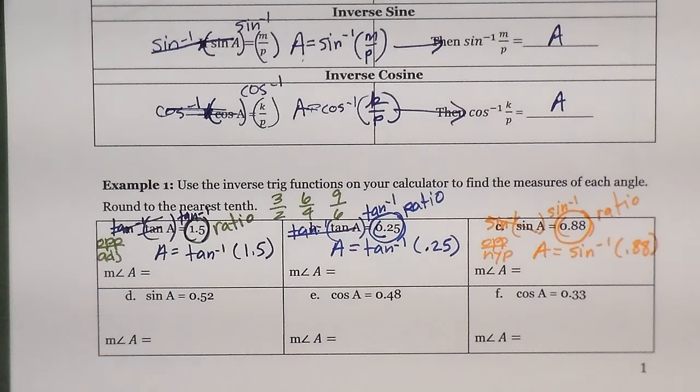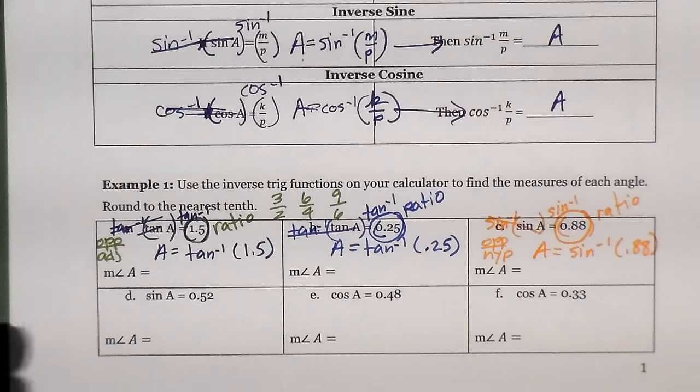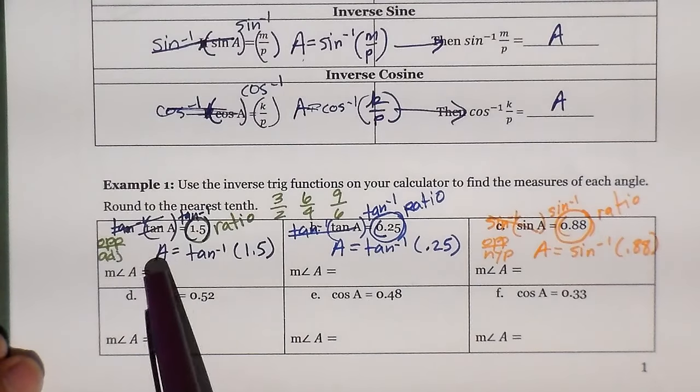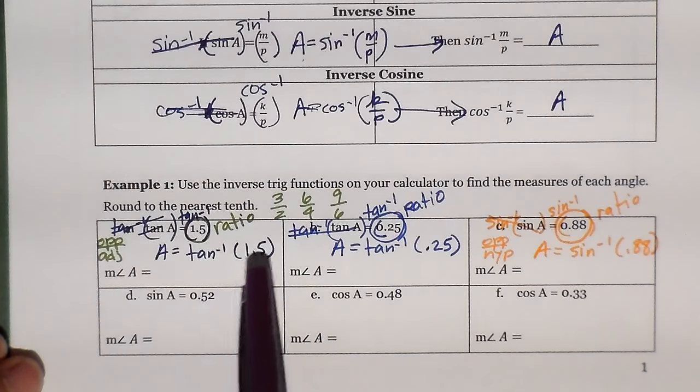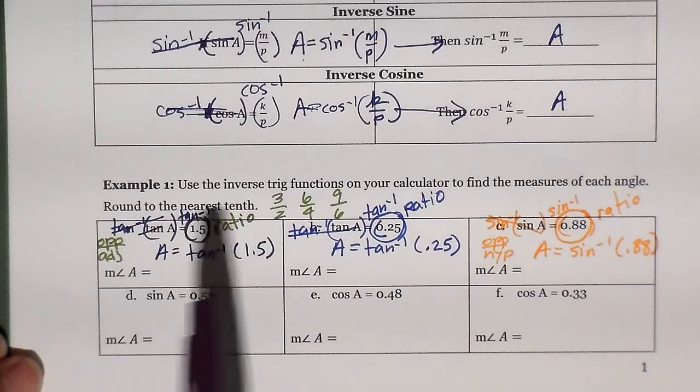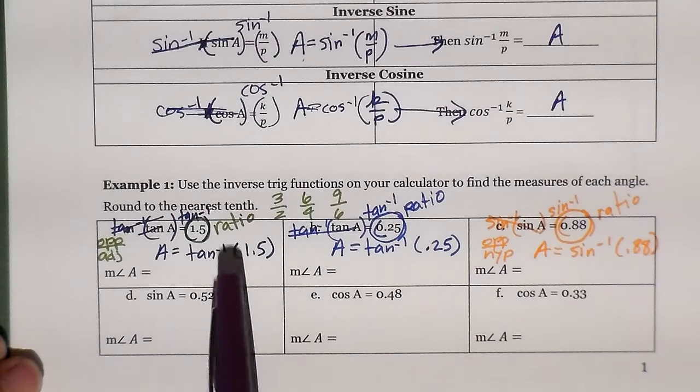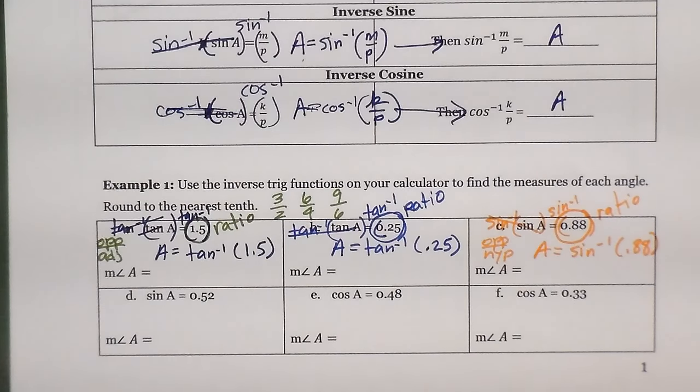So let's go back and now let's re-examine the actual measures. We know that the angle measure A is equal to, he's going to give us a ratio of 1.5, opposite to adjacent. So what I do in the calculator is I hit second tangent, also called arc tangent, and then I enter 1.5.